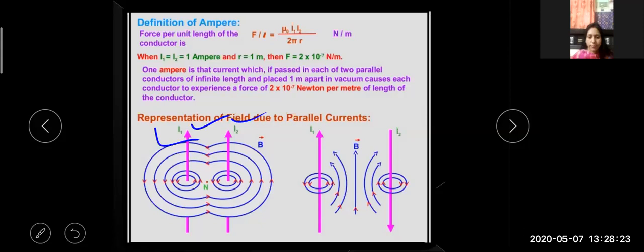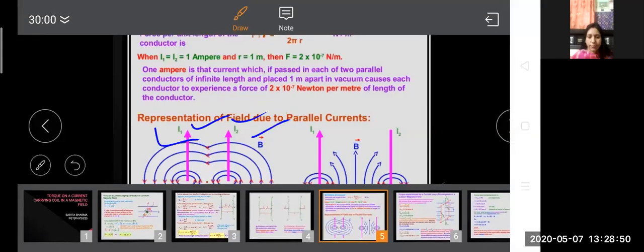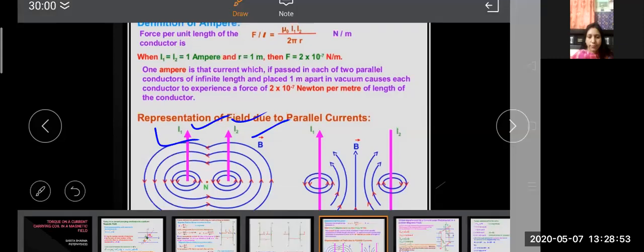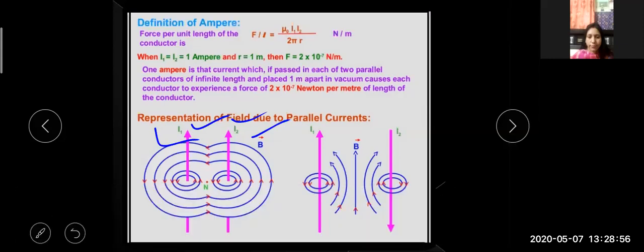We have found that if the current in two parallel conductors flows in the same direction, at some distance, they will experience a force of attraction, right? So the magnetic field lines for this attraction are given by this diagram. And for the second case, we see that current in each conductor is in opposite direction: in the first upward and in the second downward.